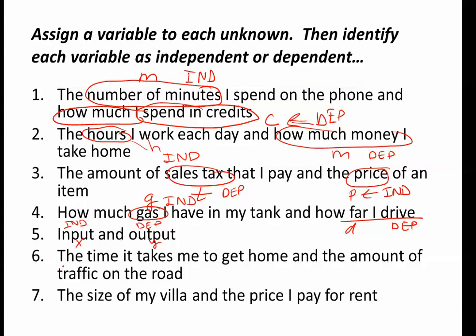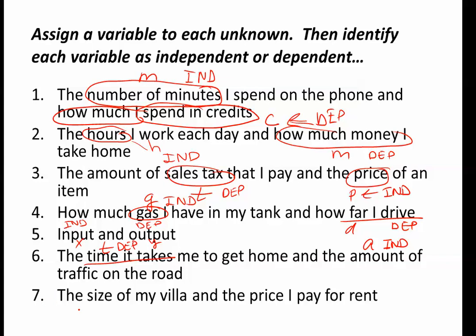Let's try number 6. The time it takes me to get home and the amount of traffic on the road. The amount of traffic on the road is going to determine the time it takes me to get home. So the amount, we could call it A, of traffic on the road is the independent. And the time it takes me to get home, we could call that T, and that is my dependent.